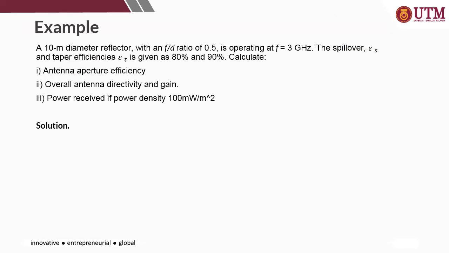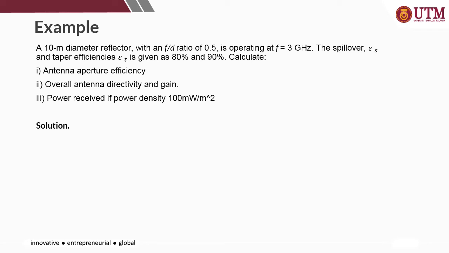Now let's look at an example on parabolic reflector antenna design. A 10 meter diameter reflector with an F to D ratio of 0.5 is operating at a frequency of 3 GHz.